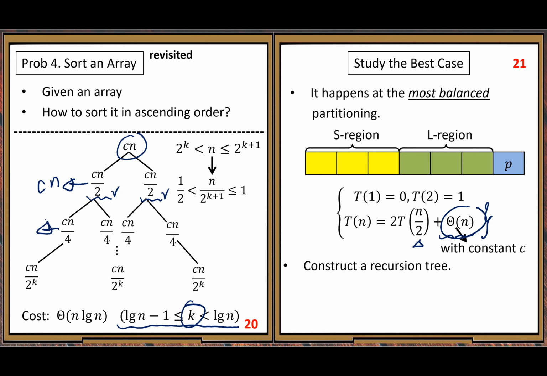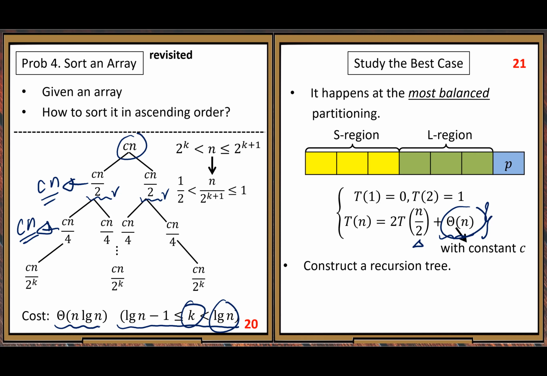This level, 4 terms cn over 4, also cn. So each level c multiple of n, and so on for all levels. But we have log base 2 of n levels. So the estimate of the total cost is big theta of n log n.